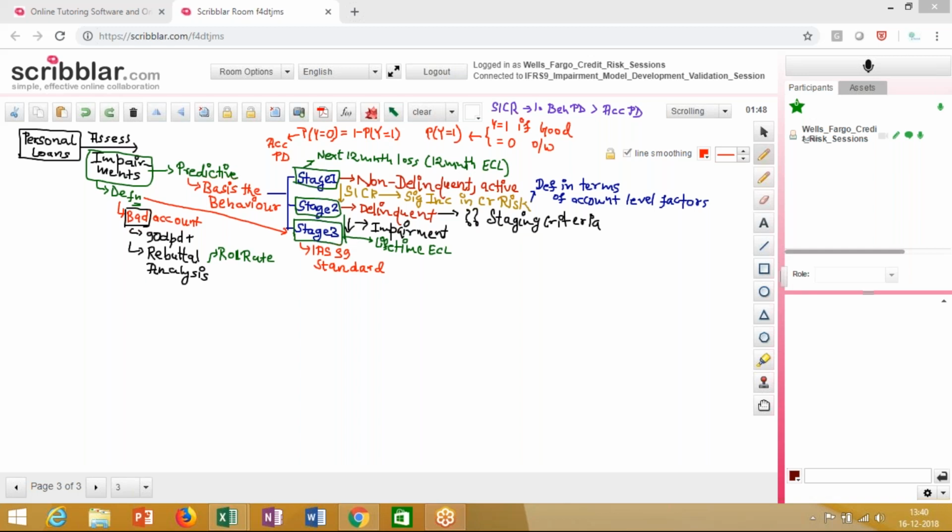Every 25th they compute the PD as per the new PD model for the account, compare it with the acquisition PD, and if the difference is greater than zero, it is a SICR and hence put to stage 2. Now, if that account satisfies the bad definition as well, then it moves from stage 2 to stage 3. So it works that way.